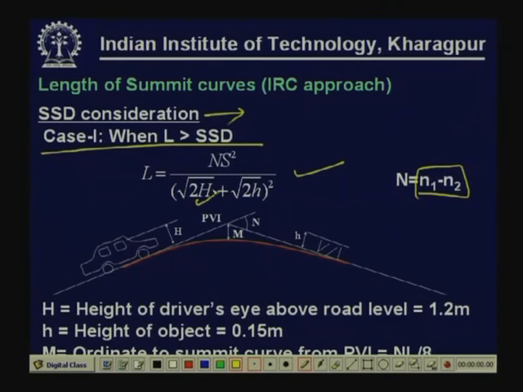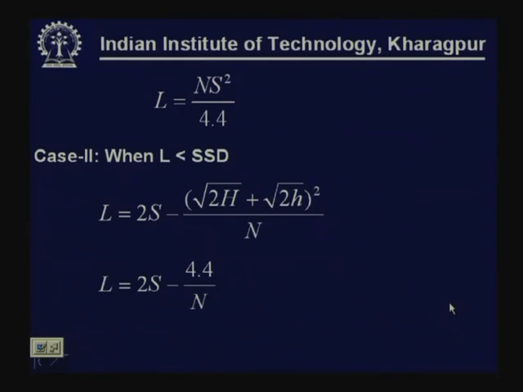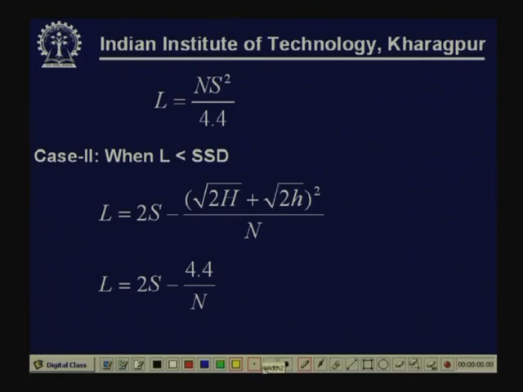Capital H is indicated as the height of driver's eye above road level, which is taken as 1.2 meter as per IRC standards. Height of the object is taken as 0.15 meter. So, if we put all these values, then we can easily calculate L in a simpler form, that is N square by 4.4.